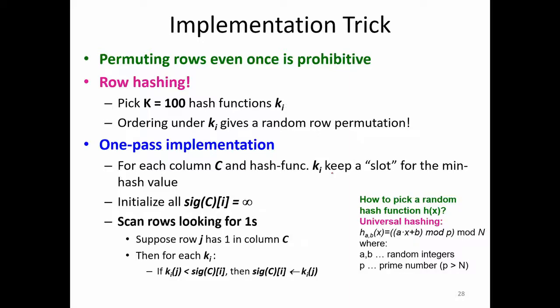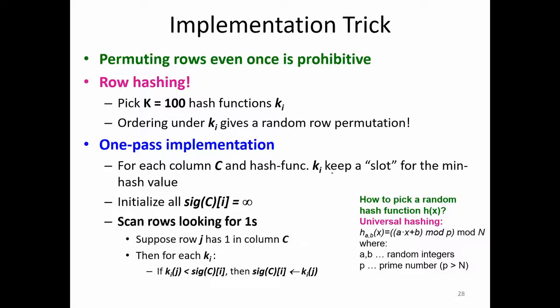Clearly, if you keep permuting the rows even once, it's going to be prohibitive, because you have a large number of rows, and most likely most of the shingles are not going to be present. So how do you do this?